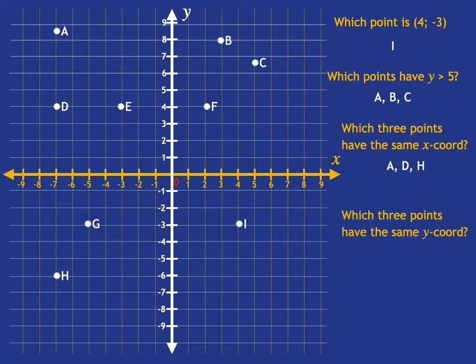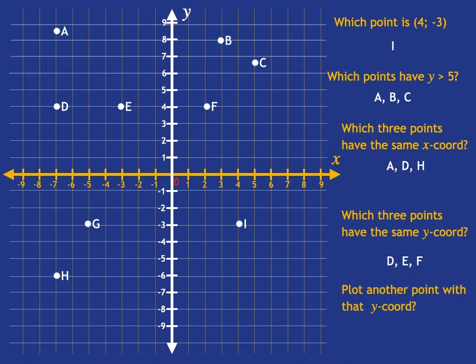Now if we're asked which 3 points have the same y-coordinate, in this case we're looking for 3 points that are the same distance above or below. Well, if you have a look here, those 3 points are all 4 steps up, and so they have the same y-coordinate, which will be 4.